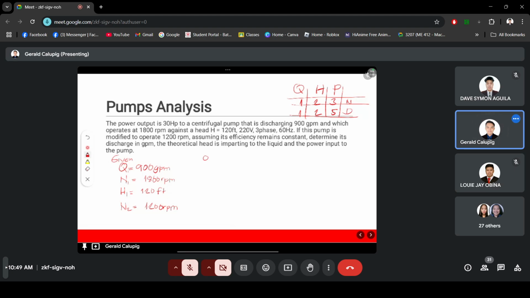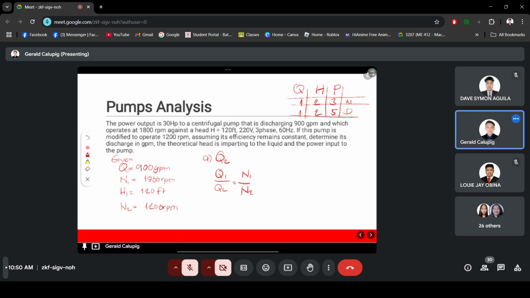So we can have A is Q2. Q2 is equal to what? Q1 over Q2 is equal to what? Since given natin is modified the speed, we can have our N1 over N2, right?